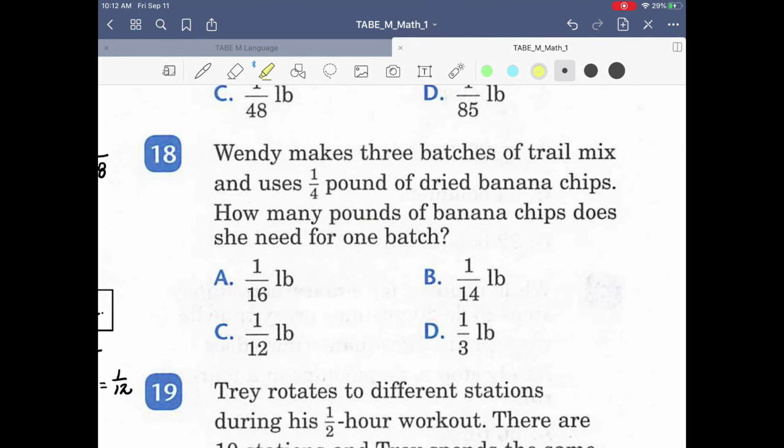We're taking those 3 batches and breaking them down to a single batch. So let me draw you a picture here. We have 3 batches of trail mix, 1, 2, 3, and all of that takes 1/4 a pound of the banana chips.